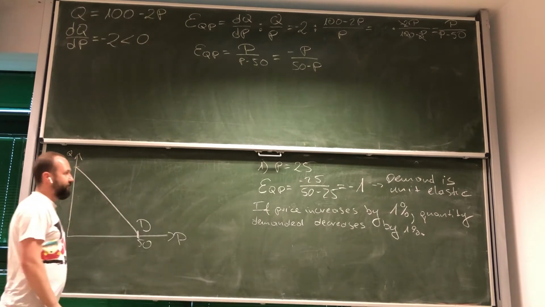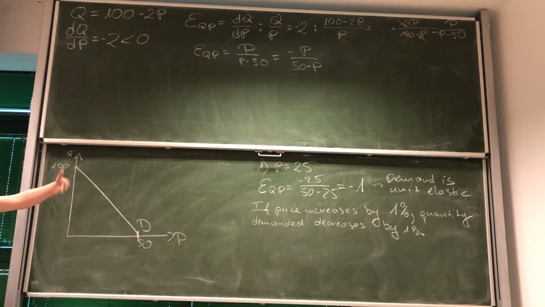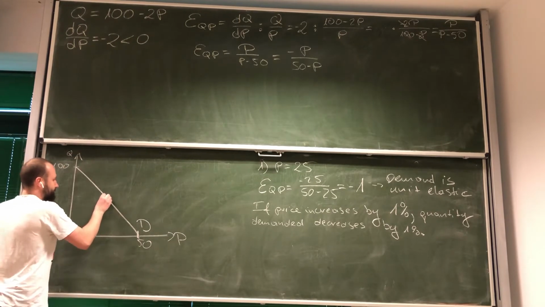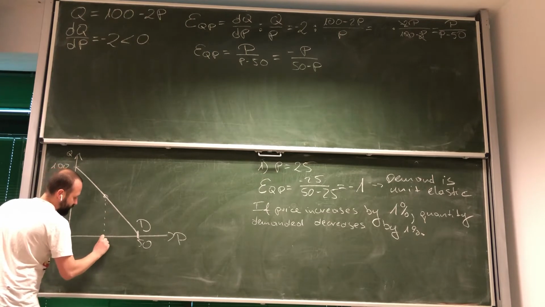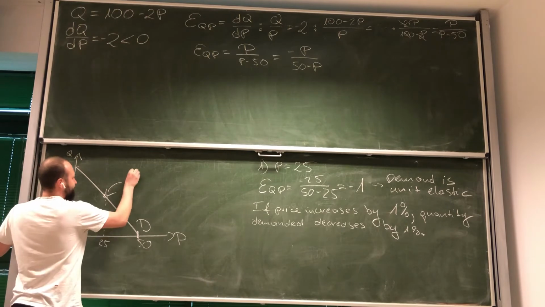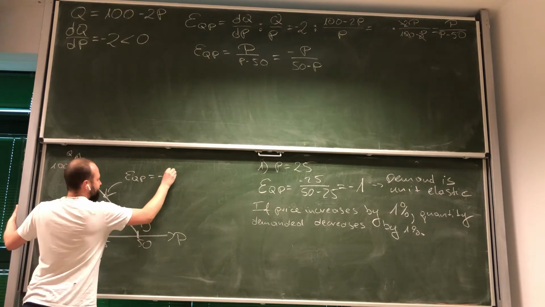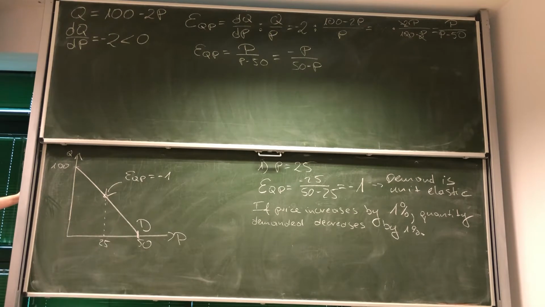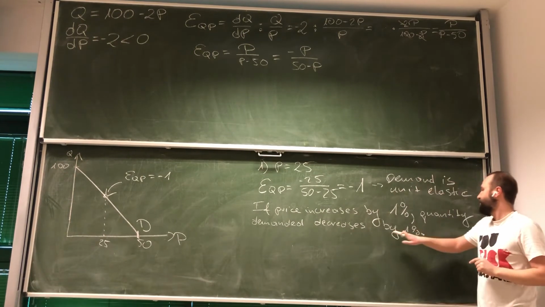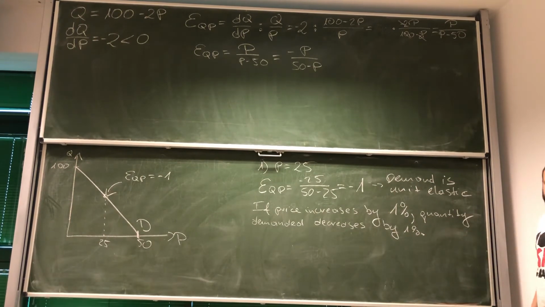Okay, look. First, we see that this result makes sense because it's negative. And now, we know that if price is equal to exactly 25, then price elasticity of demand is equal to -1. This means that if price increases by 1%, quantity demanded decreases by exactly 1%.